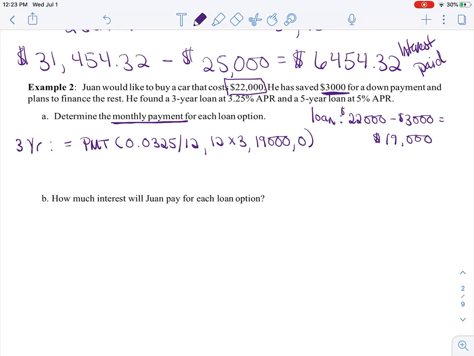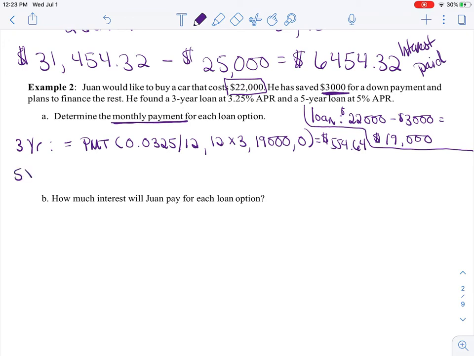So that's very important right there, that you put in 19 and not the 22. That's a big mistake that we make. If I do this in Google Sheets, just to save us some time, I end up getting $554.64.